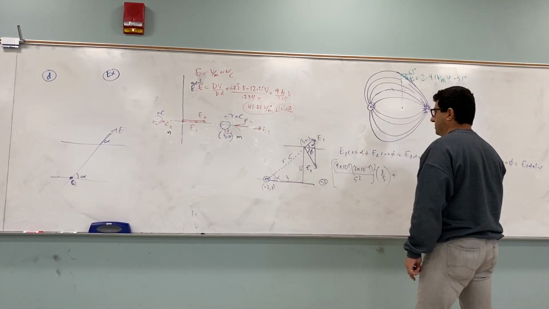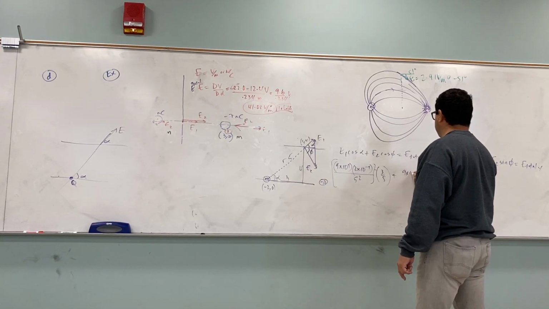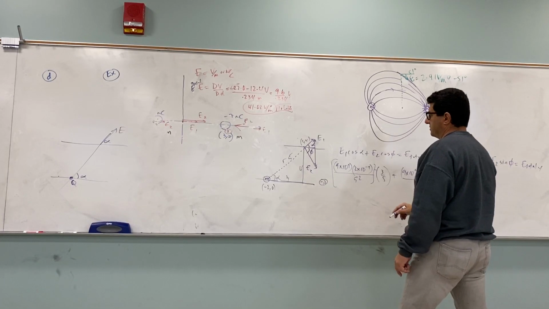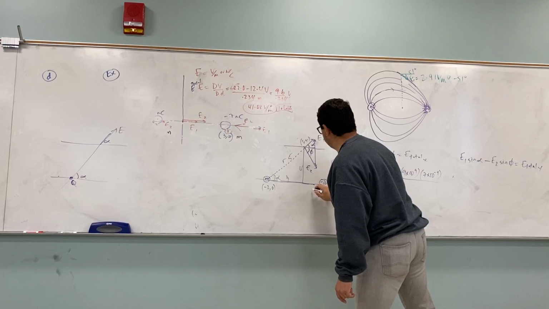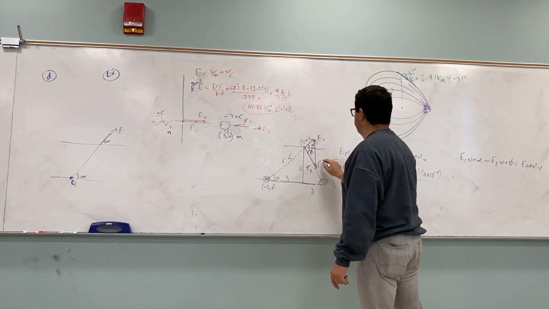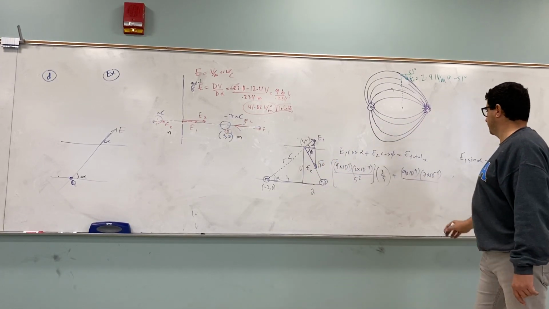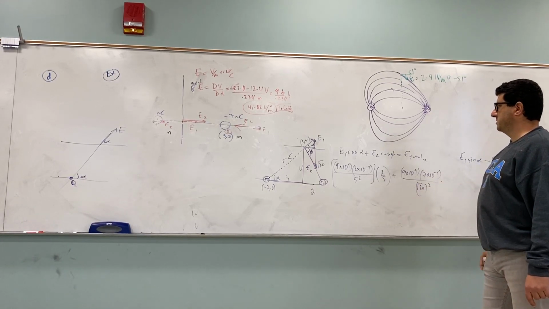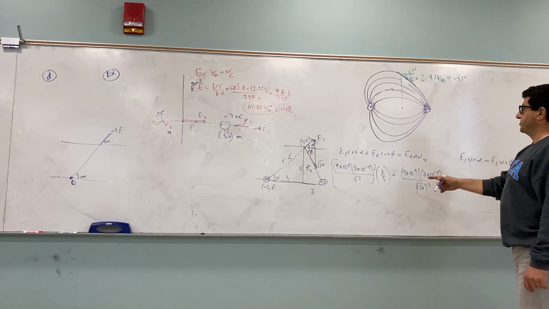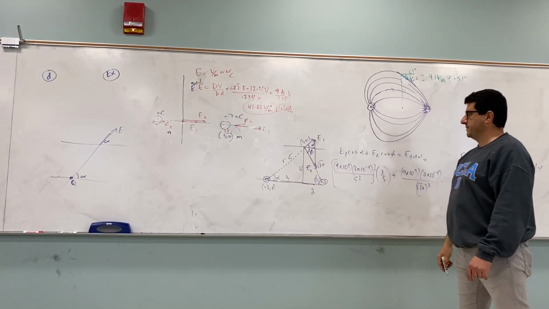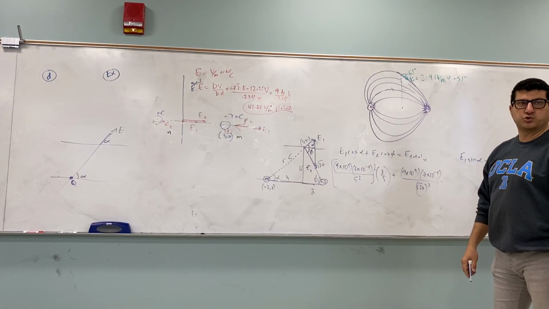Plus E2 is going to be 9 times 10 to the 9th, 7 times 10 to the minus 9, over, what's this distance? This is 2, 4. So that's square root of 20, squared, times cosine of phi, and then phi will be the same as this phi. Alternate interior angles.